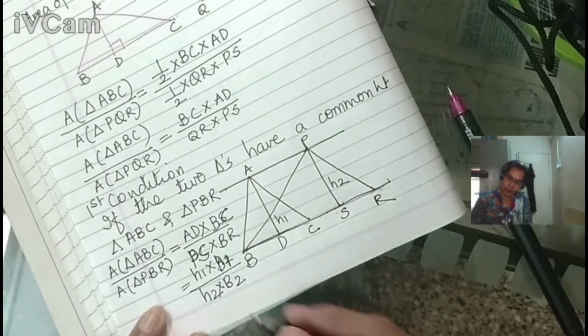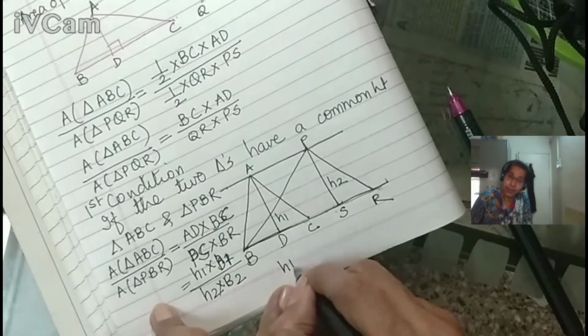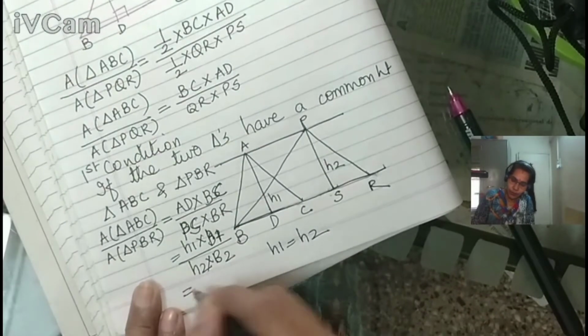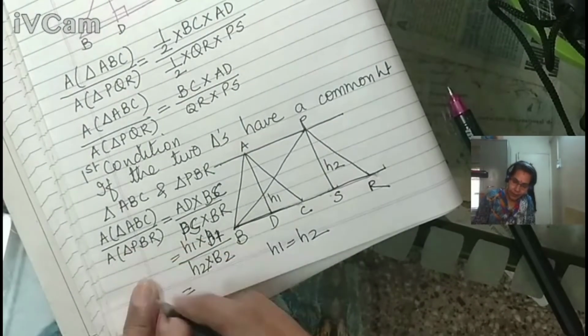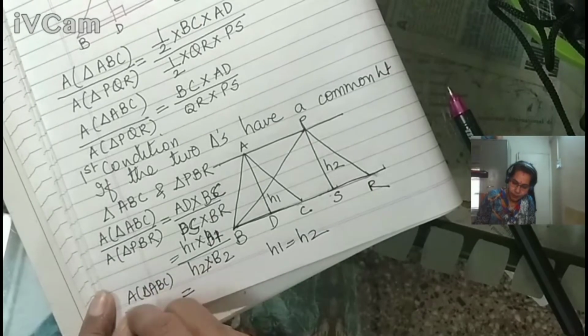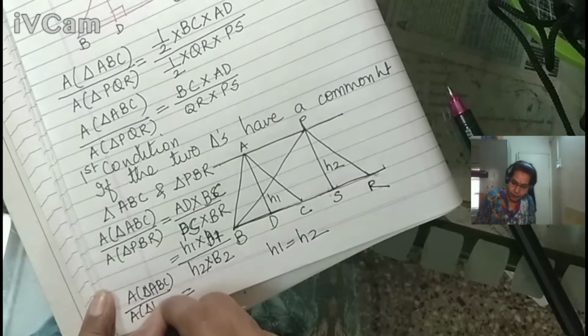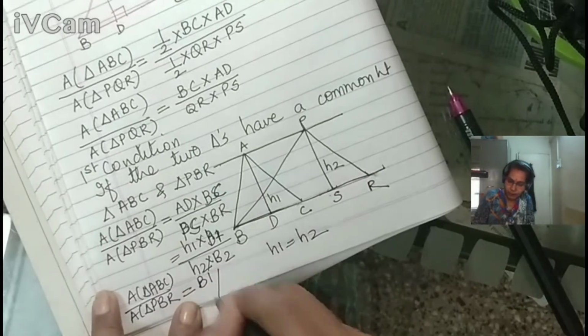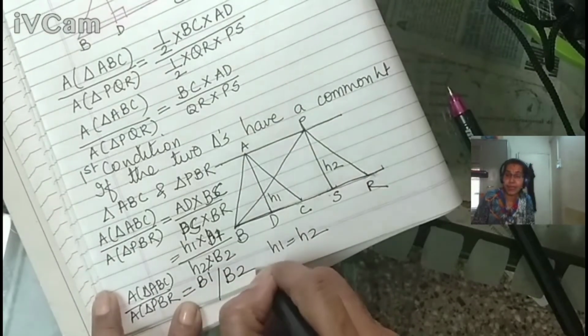I have already stated that H1 is equal to H2. So we have area of triangle ABC upon area of triangle PBR is equal to base 1 upon base 2.